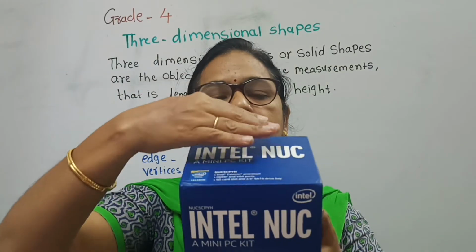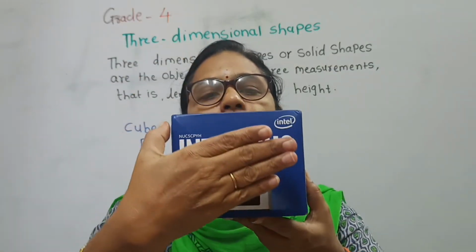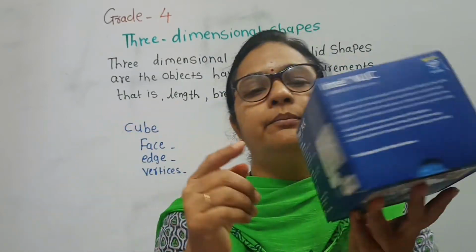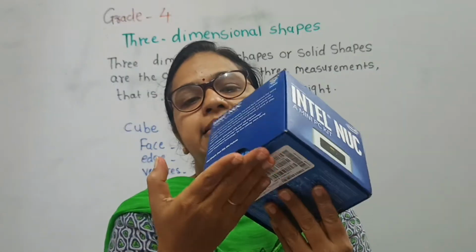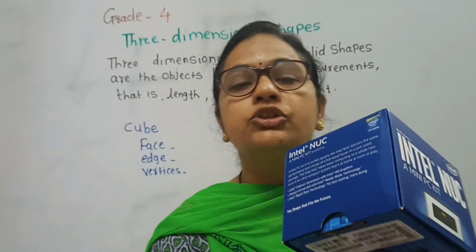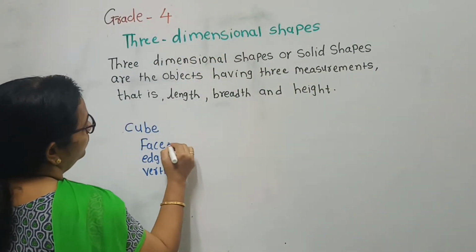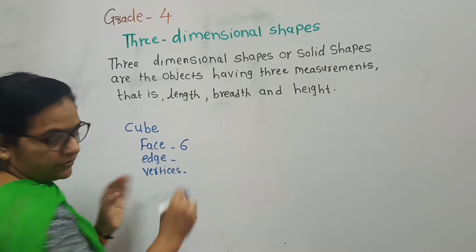We will count it. 1, 2, 3, 4, backside 5 and this downside 6. So how many faces does a cube have? A cube has 6 faces.